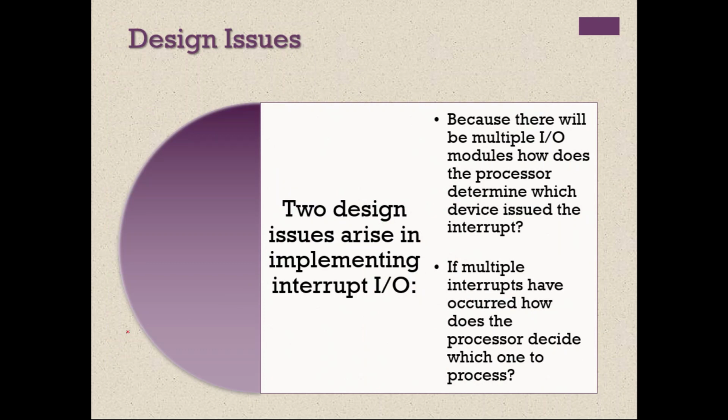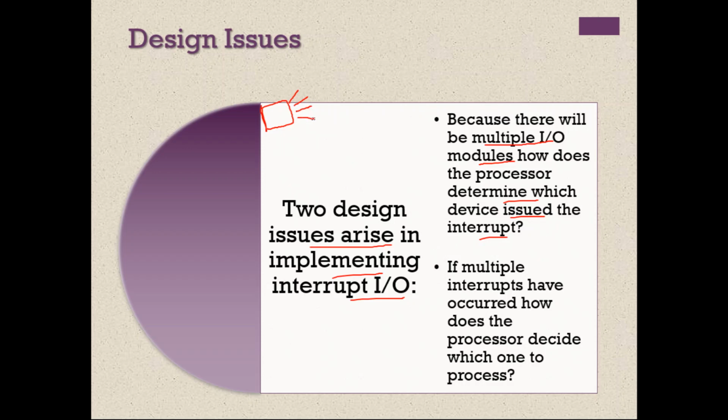Now there are two design issues with respect to the implementation of interrupt driven IO. What are they? The first design issue is that we have multiple IO modules. The question is how the processor will determine which device is issuing an interrupt. We have multiple IO modules, and each IO module can have multiple devices.